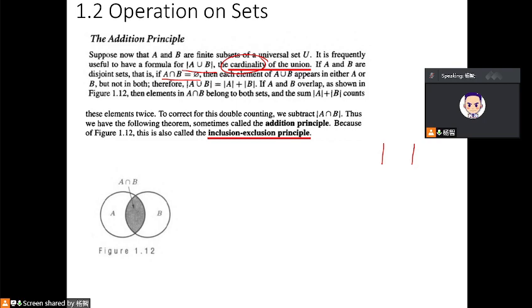Then each element of A and B appears in either A or B, but not in both. So the cardinality of the union of A and B is equal to the cardinality of A plus the cardinality of B.